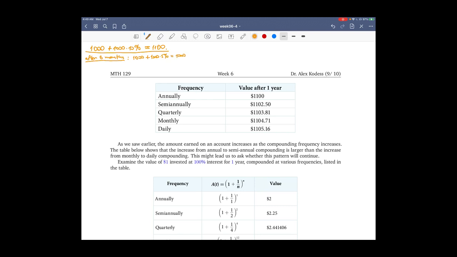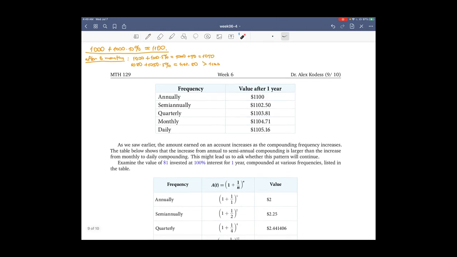That is 1,000 plus 50, $1,050. That's how much I'm going to have after 6 months. Now, after another 6 months, I have my initial amount, 1,050 plus 1,050 times 5%. If you do the computation, that's going to be $1,102.50. That is more than the $1,100 that we get when we compound once.